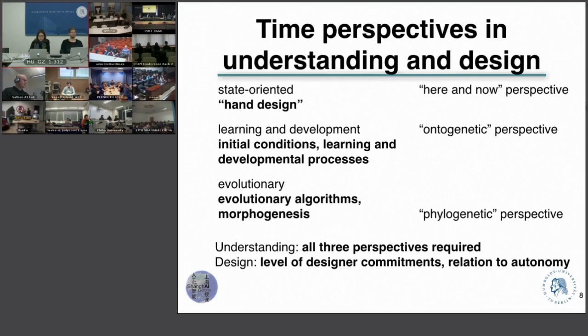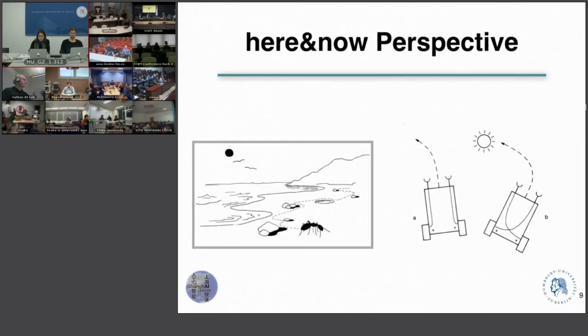Let's start with the first perspective, the here and now perspective, and that's basically what we learned in the last couple of lectures within the Shanghai Lectures. Just to put two examples: on the left you see Simon's ant on the beach, and we saw how this particular ant interacted with this particular environment, which is a beach in that case, but there wasn't really any learning or any evolution considered in that context.